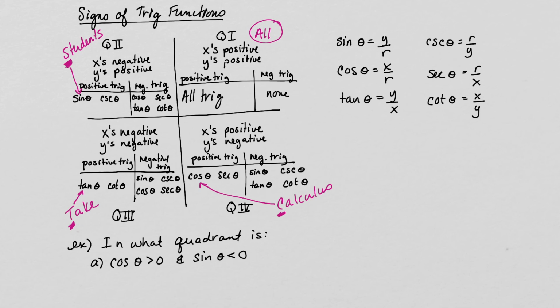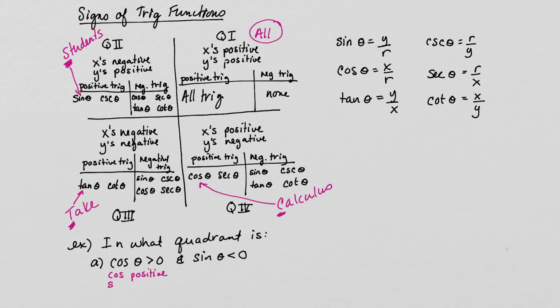Okay, so cosine of theta being greater than 0, that's really just our fancy math way of saying positive or negative. So if I'm bigger than 0, if I'm greater than 0, am I positive or negative? Yeah, I'm positive. So this is saying I need the cosine to be positive.